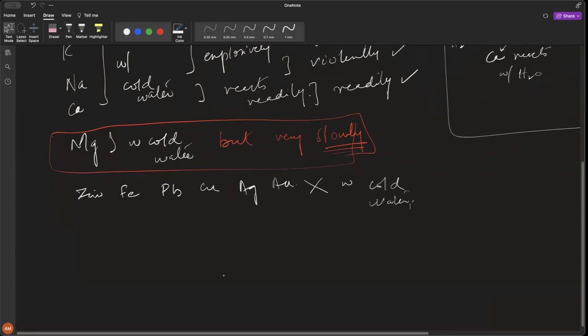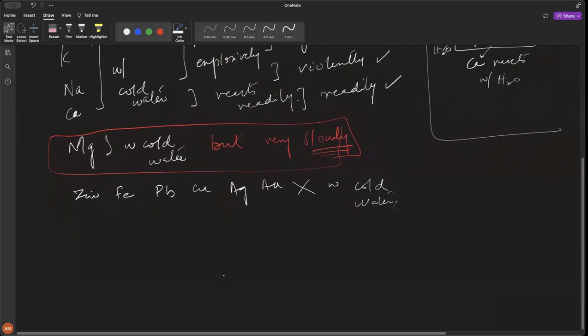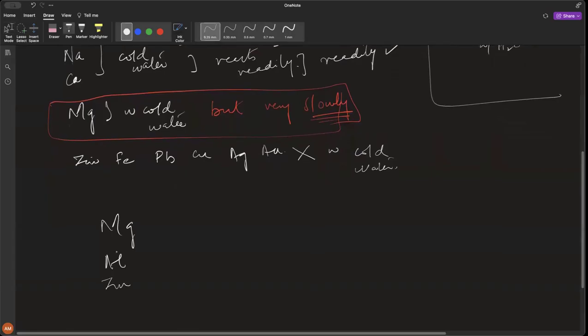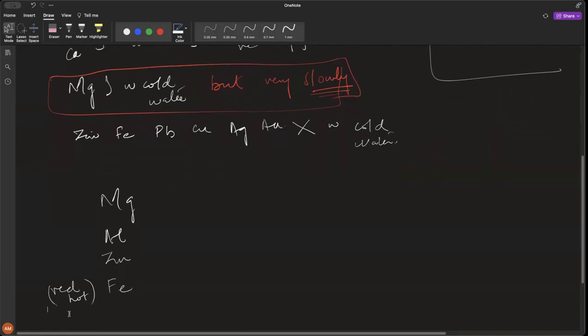Then the next group is the ones that react with steam. The next group is magnesium, aluminium, zinc, iron, only if it is red hot or very heated, and Pb.